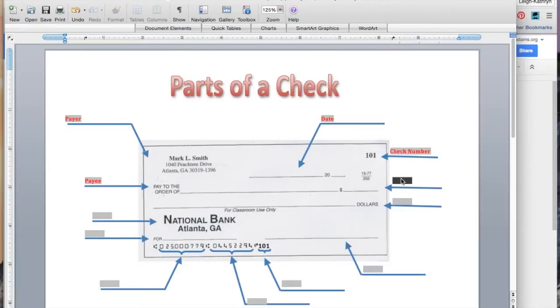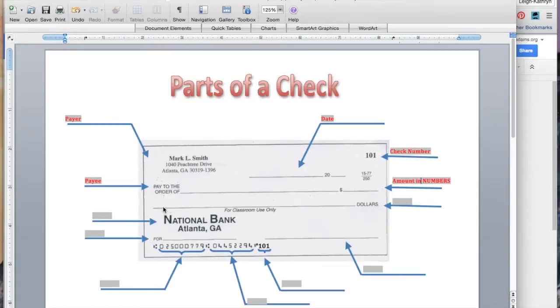This is where we write out the check amount in numbers. Amount in numbers. So if we're writing the check for $10.75, on this line we would write 10.75.